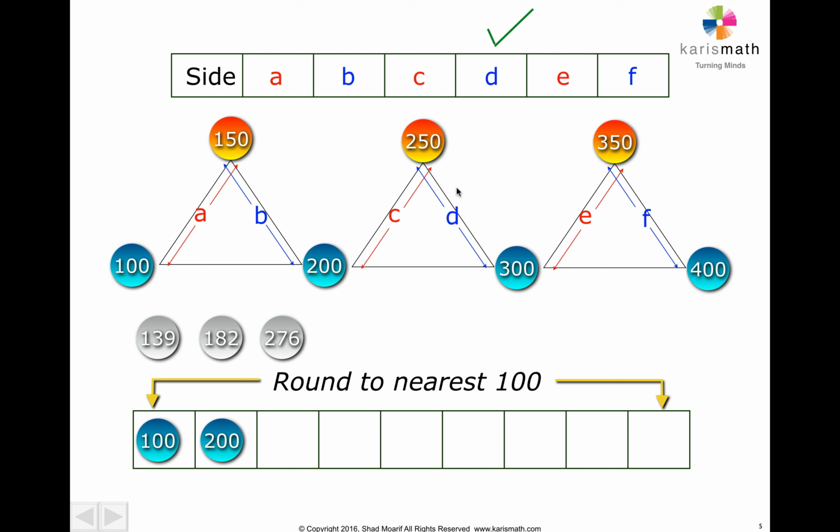Slope D. We can see that it rolls down to 300, which means if we round the number 276 to its nearest 100, it'll be 300. Because 76 rounds off to another 100. Any number above 50 will be rounding off to the next 100.